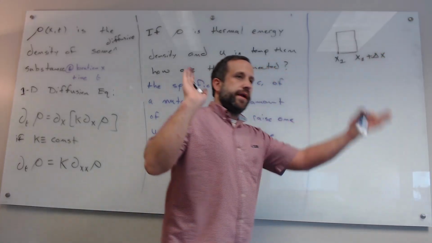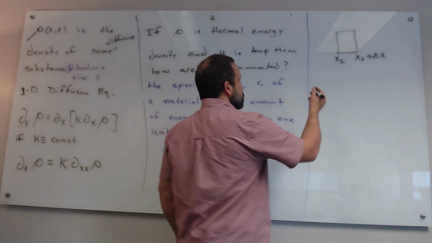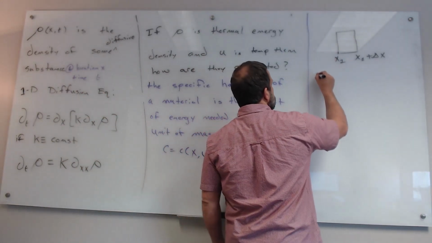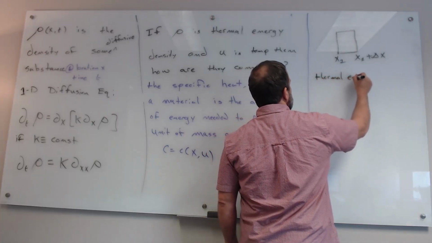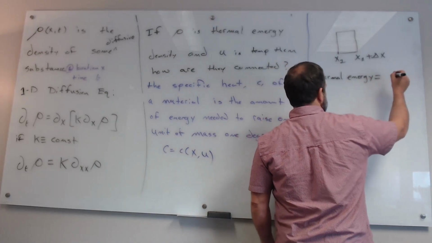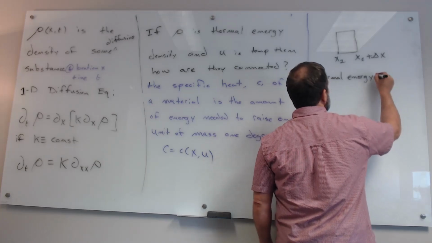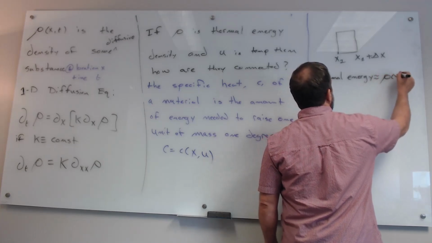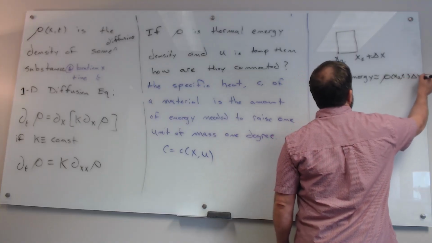Now, the amount of thermal energy is approximately equal to rho of x1,t times delta x.